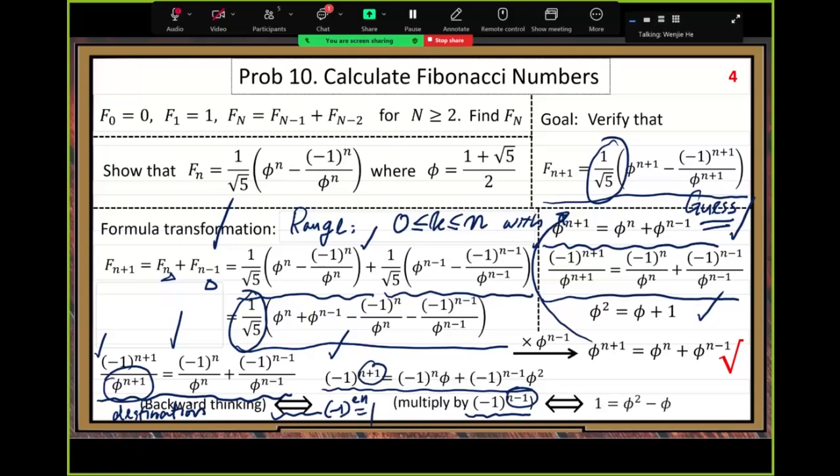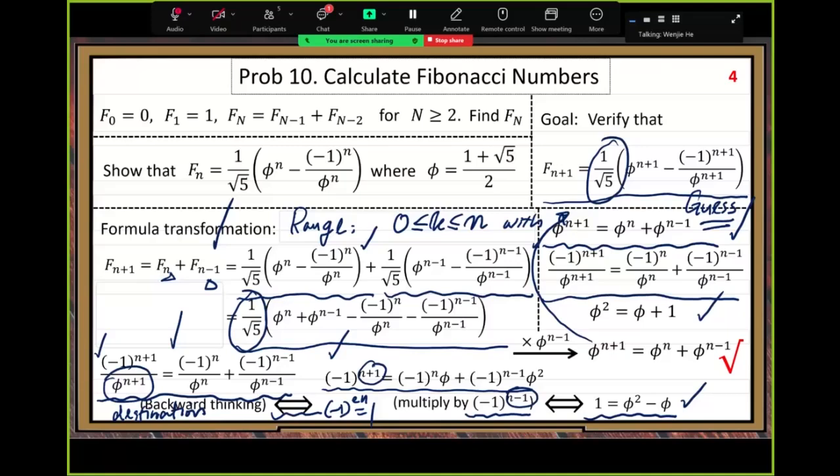So you get a left-hand side of 1. On the right-hand side, the coefficient of phi squared is positive 1, and the coefficient of phi is negative 1. So you get a simplified form without the power of negative 1, like this expression. And this expression is exactly the first property of phi.